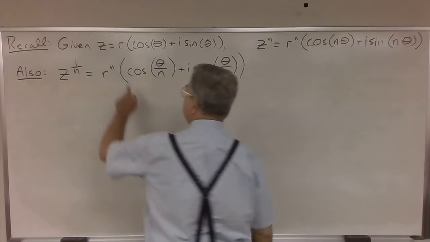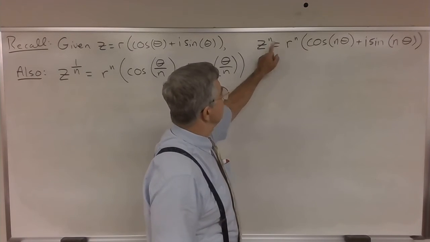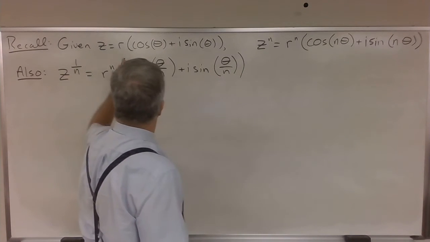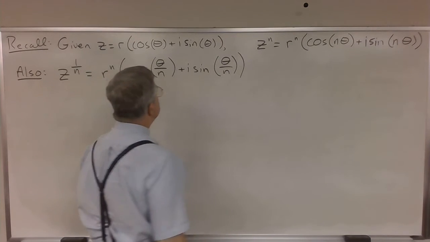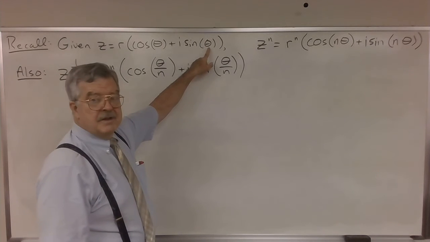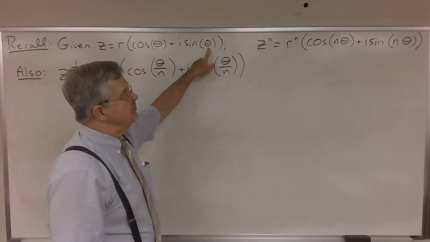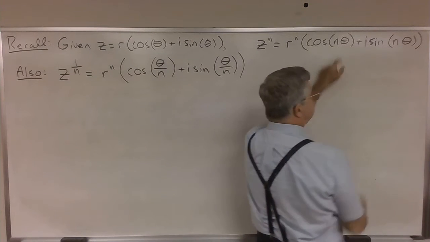So when we take a complex number z and raise it to the nth power, the magnitude gets raised to the nth power, and the angle associated with that complex number gets multiplied by n.